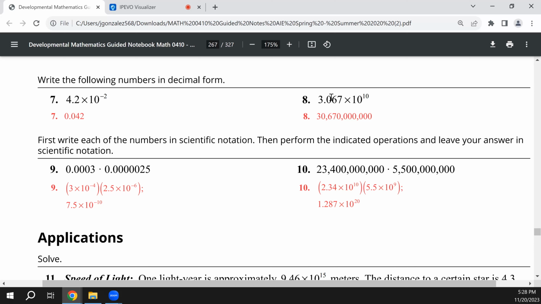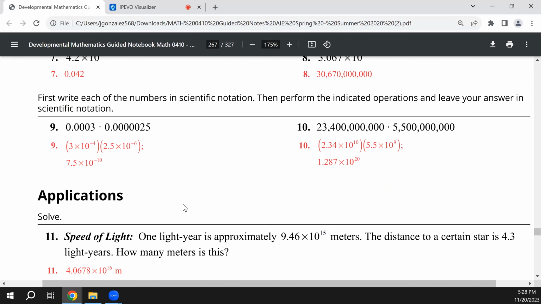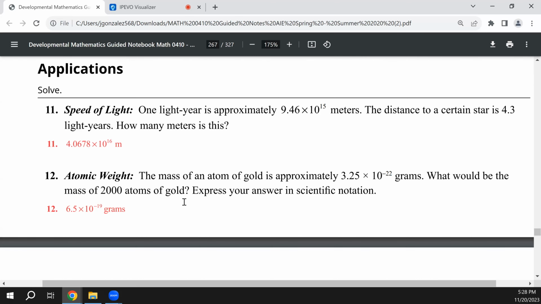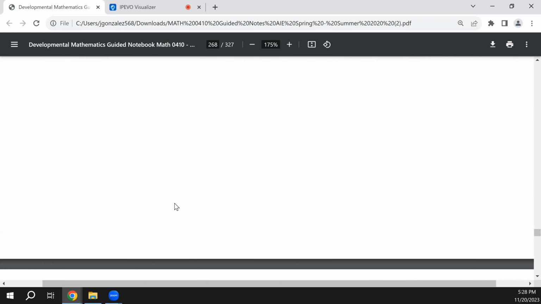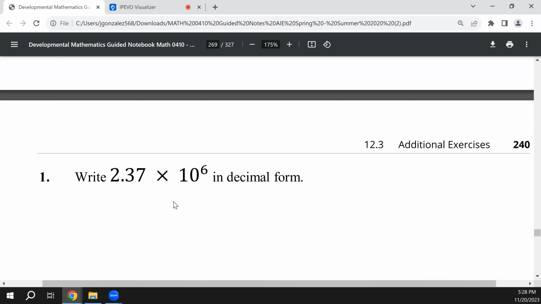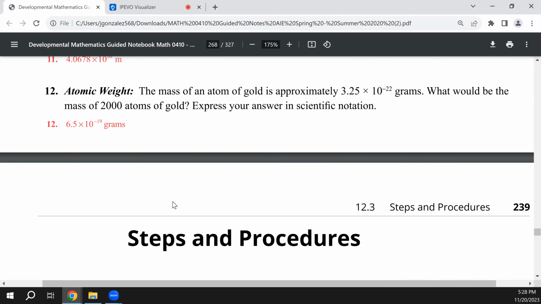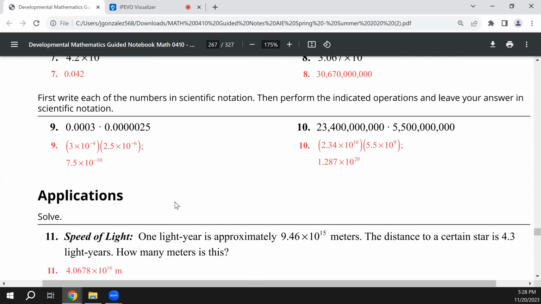Negative is going to shrink it. Positive is going to blow it up. Try number 9.